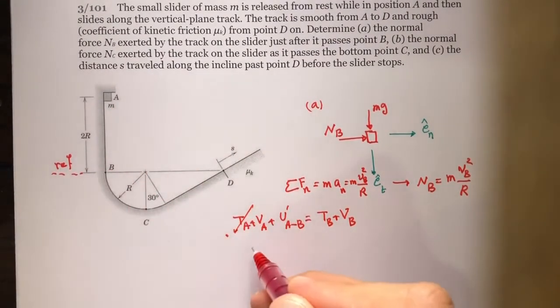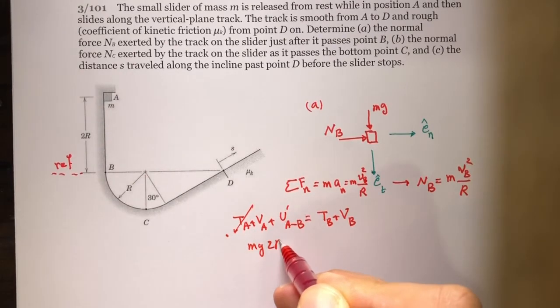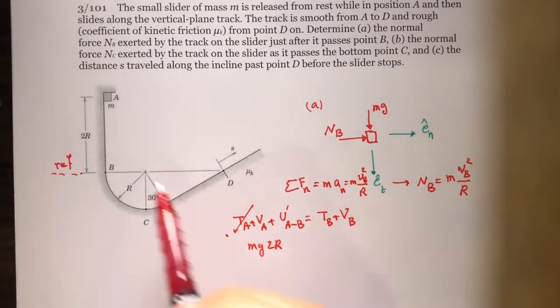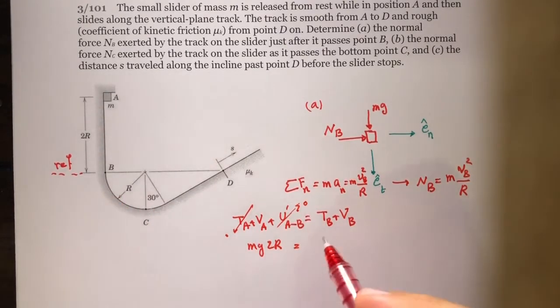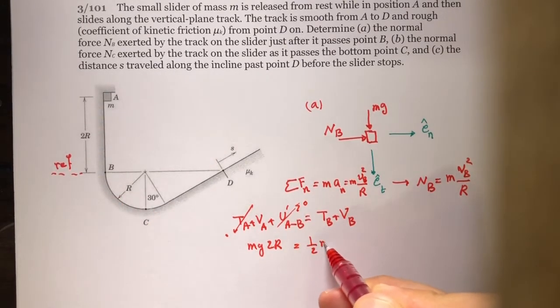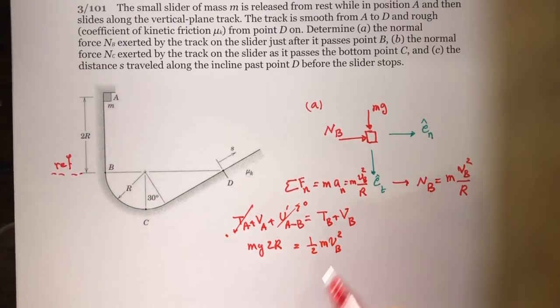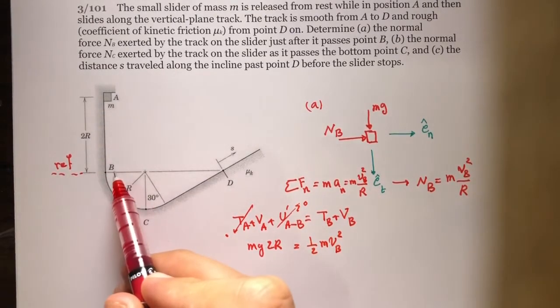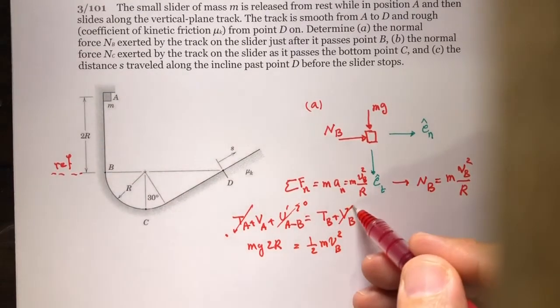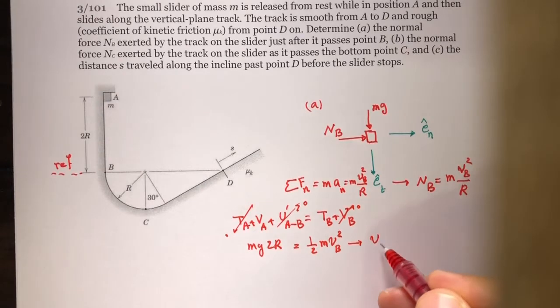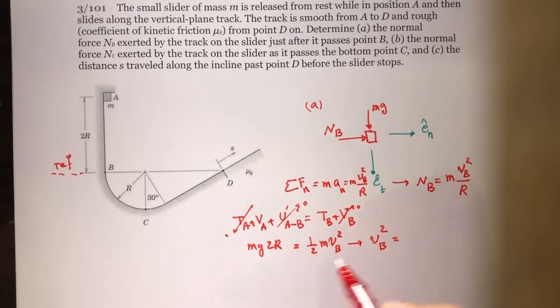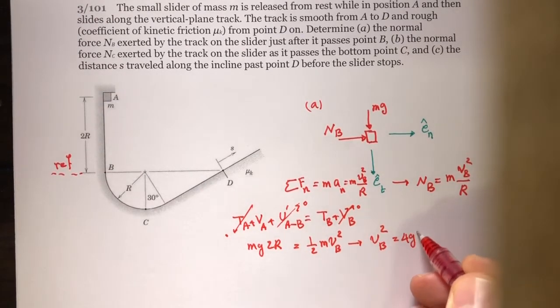Potential energy is going to be mg times 2r, the height. U prime, from here to here, there is no non-conservative force, so U prime is going to be equal to 0 too. And at this point, we have kinetic energy 1/2 of mass times velocity at B squared. And potential energy is going to be 0 because the reference line is here. So from here, velocity at B squared is going to be 4 times g times r.